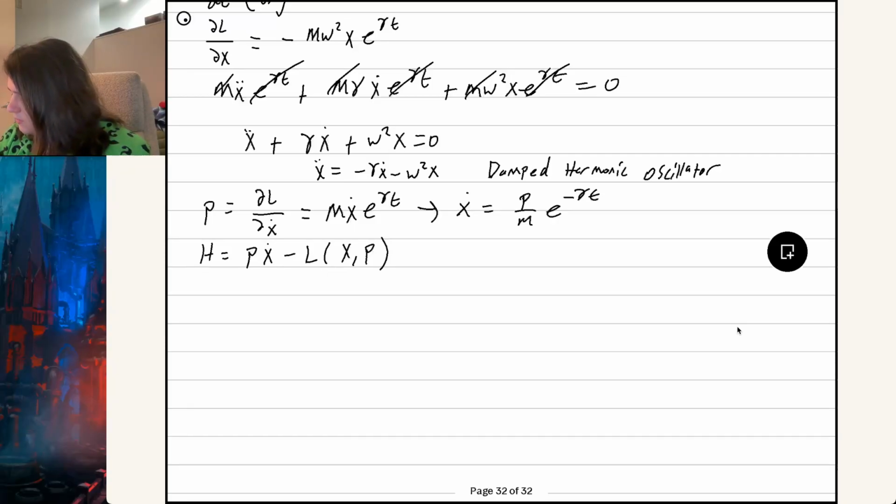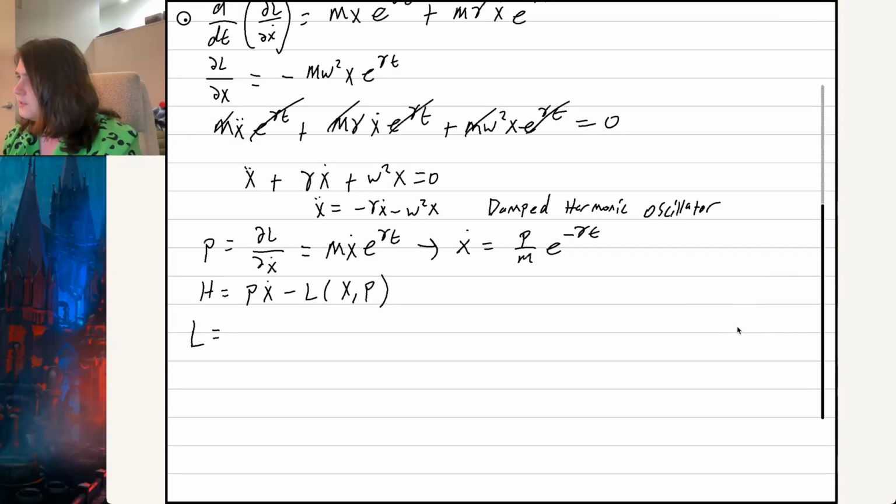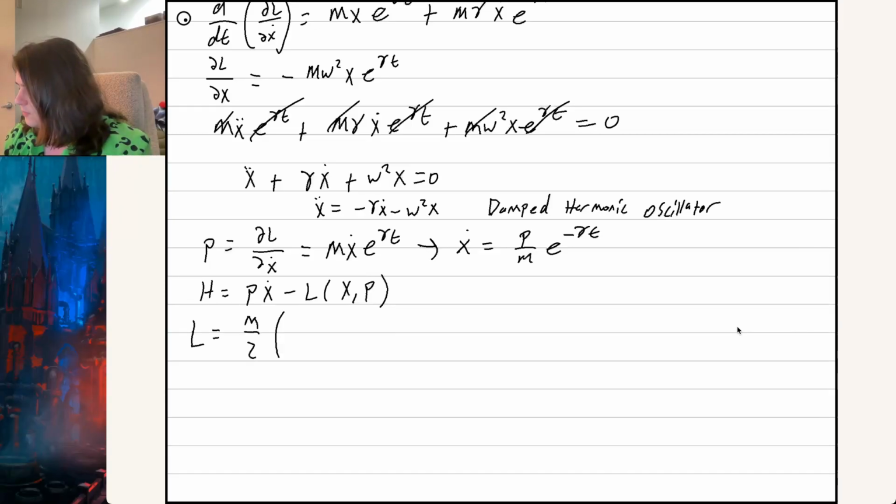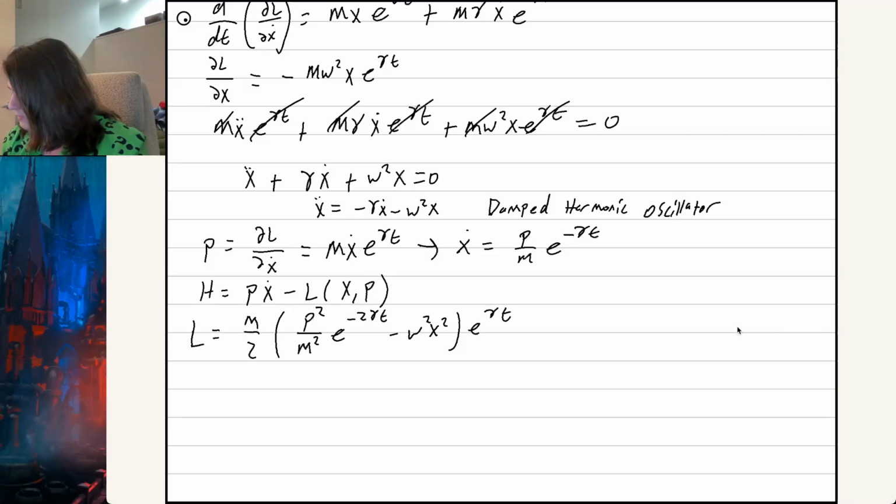Yeah, and so when we plug that into our Lagrangian, which I have up there, we just have m over 2 times, on the inside, p squared over m squared e to the minus 2 gamma t minus omega squared x squared e to the gamma t.